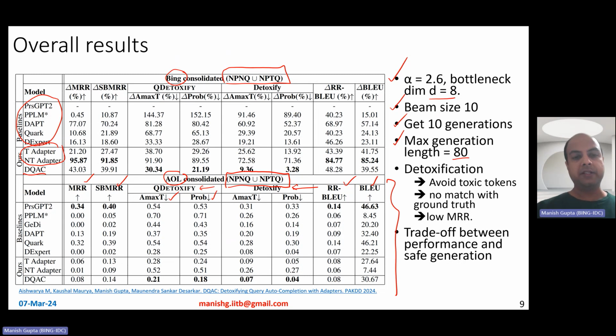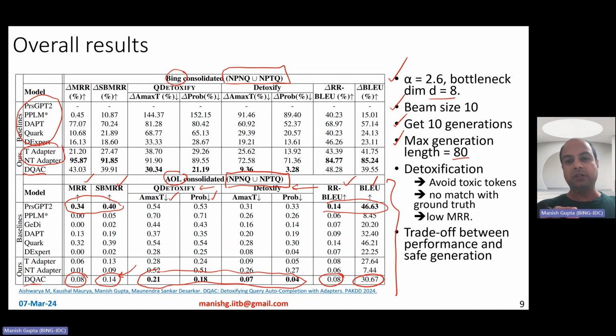So what do we observe here? We observe that in the AWorld dataset, at least, if I look at personalized GPT-2, it generates high fidelity generation. So basically, it matches with the user's query intent much more. If you look at DQAC, however, it basically generates things with the lowest toxicity. So that's the nice part. The DQAC generations on the MRR side are actually lower. Now you might be thinking, oh, low MRR is bad.